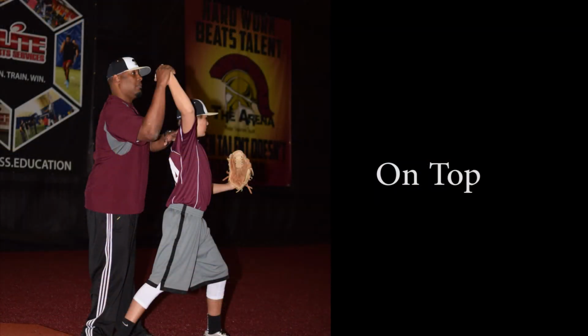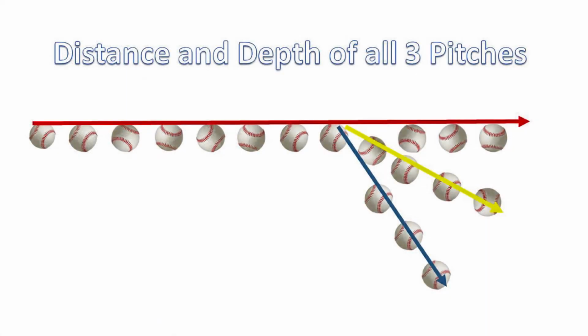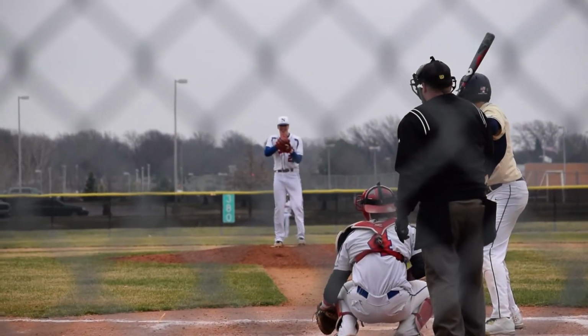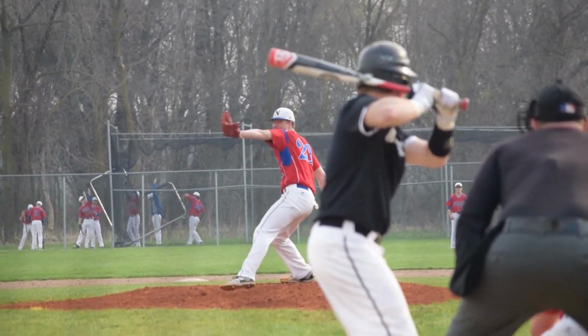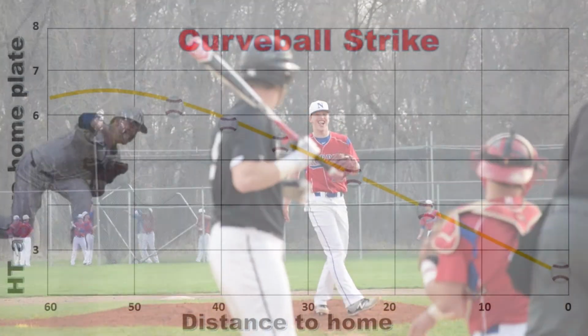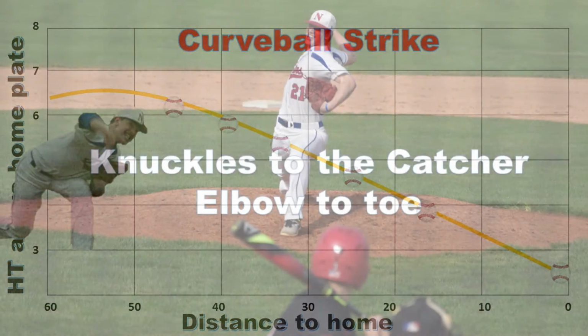If we get our knuckles facing the catcher upon release, instead of getting around the baseball, and driving the hammer, quote unquote, taking the hammer to the nail that's on the wall versus trying to hammer the nail on the table, this ball stays on a flat surface, traveling at the same or relatively the same trajectory as a fastball. I'm not driving my hand down enough to make the ball fall short. I'm not taking my hand up high enough to make it go above the strike zone. I'm simply driving my hand in a straight line through the strike zone.